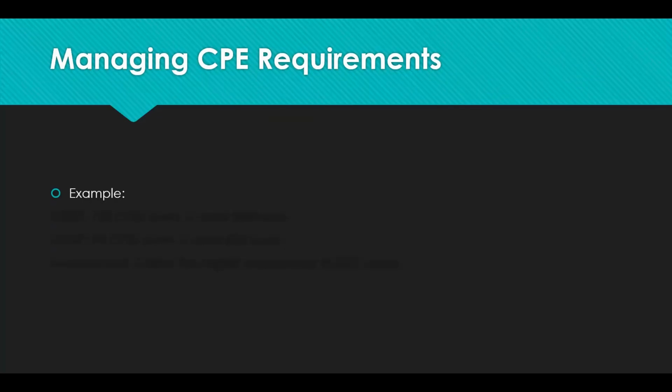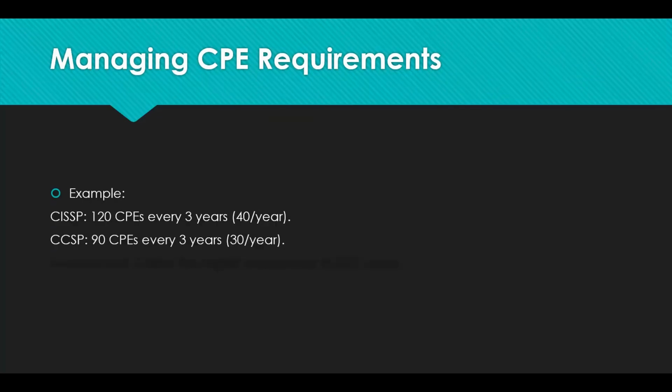Managing CPE requirements, let's take an example. Like I was saying, the CISSP certification requires 120 continuing professional education credits every 3 years, which means 40, I was going to say dollars, 40 credits per year.